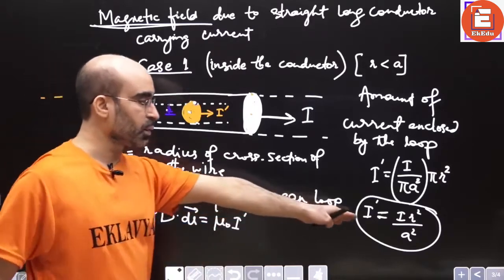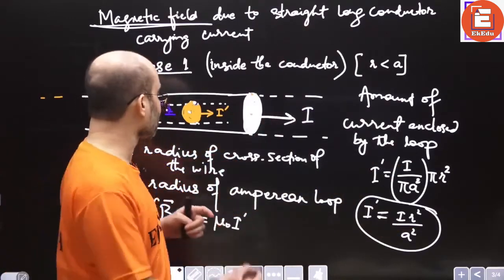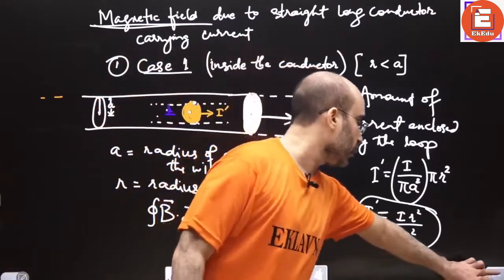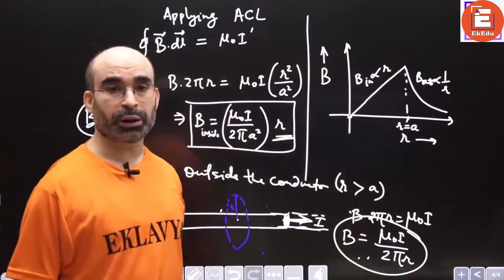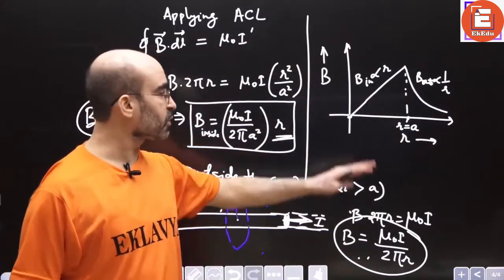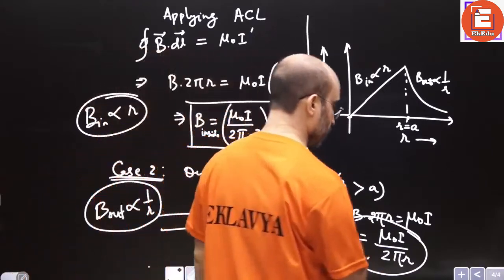In this case, current enclosed will be this. Less amount of current will be flowing through this cross section. So that is significant. Okay, and yes, graph is also very important. Magnetic field versus distance. This is very, very important graph.